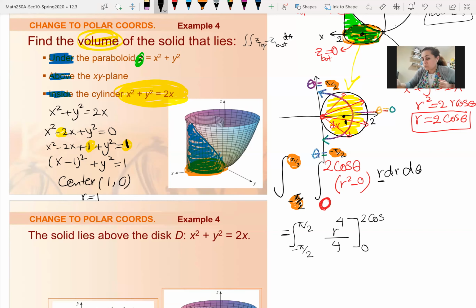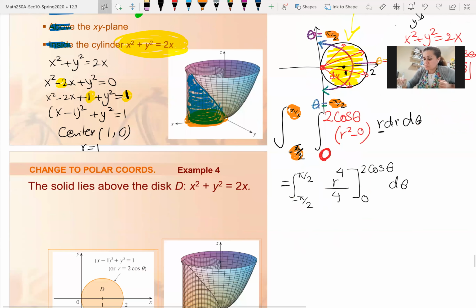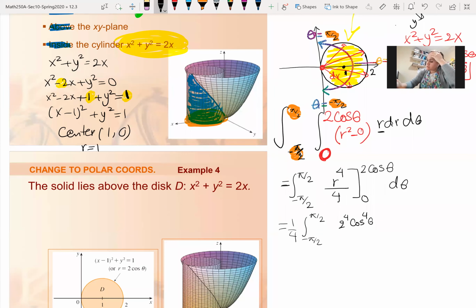I will do one more step because that gives you a lot of trig simplification. So that is 2 to the 4th cosine to the 4th, and then 0 is just 0.